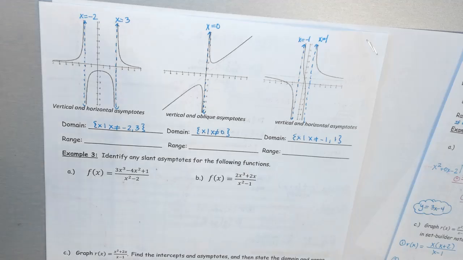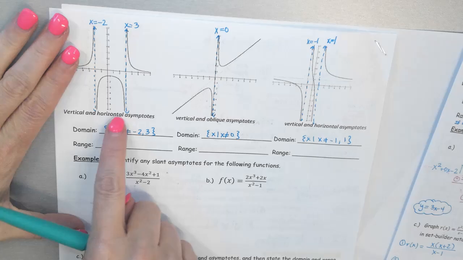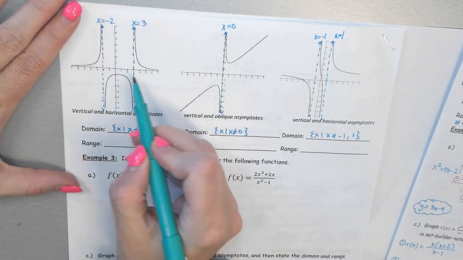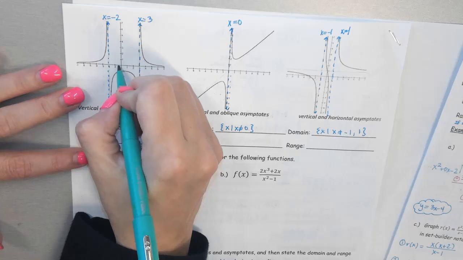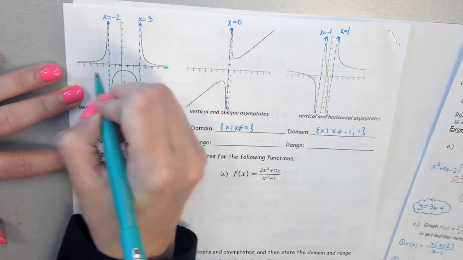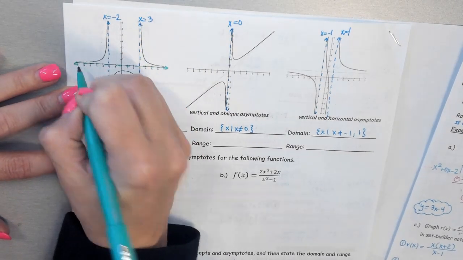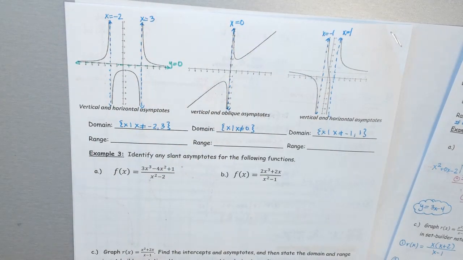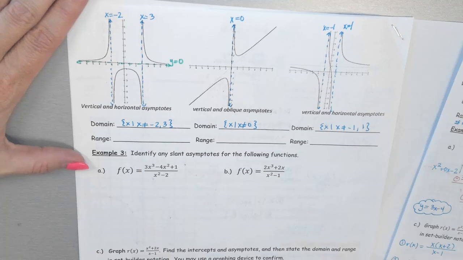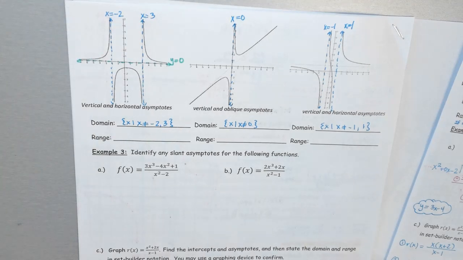Now for your range, if you have vertical and horizontal asymptotes, in this case the horizontal asymptote, look and see what your lines are getting closer and closer to. The lines are getting closer and closer to 0. So you have this horizontal asymptote here. When you have this, there are really 2 different cases because it can cross a horizontal asymptote.